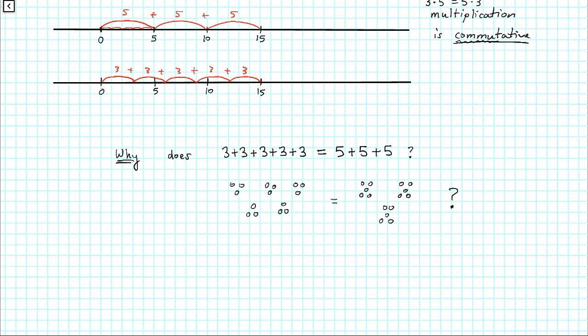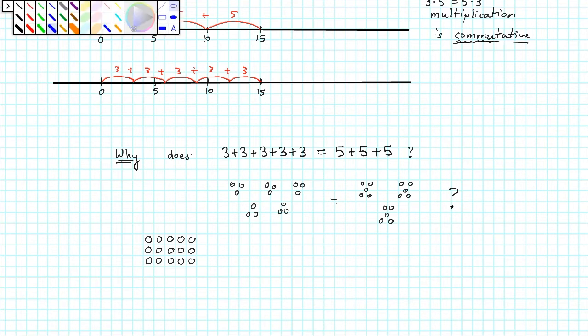So if I make my groups of 5 like this, here's one group of 5, and then another group of 5, and then another group of 5. If I put them in rows like this, then something really magical happens. And what happens here is that we can actually see that if I look in rows, I have 3 groups of 5 here. 1, 2, 3 groups of 5.